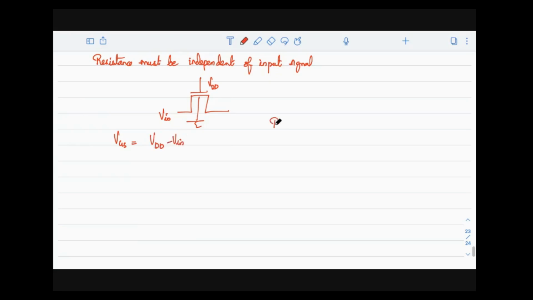Now R1 is proportional to VGS minus VT. For the time being, I am neglecting the variation with respect to threshold. So you can see that if your V in varies, VGS varies. If your VGS varies, your R1 varies. That is the initial point of discussion. I'm just neglecting the variation of VT for now.